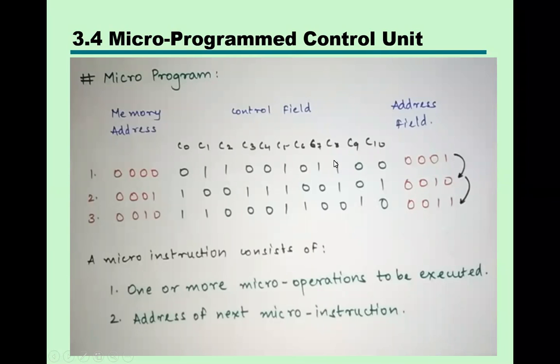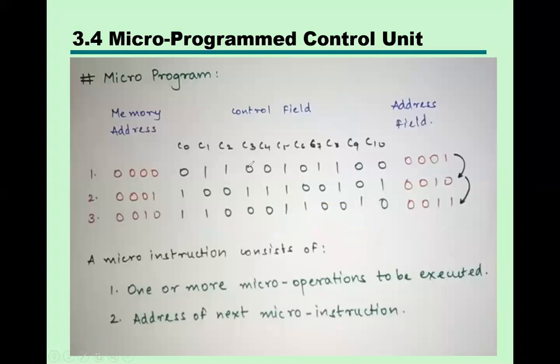It means C1, C2, C7, C8 signals are active. Here you will get this kind of signal, right? 0, 1, 1, again 0, 0. This kind of signal is generated for the micro instruction.